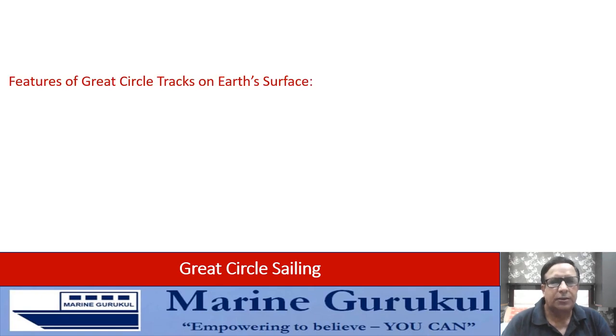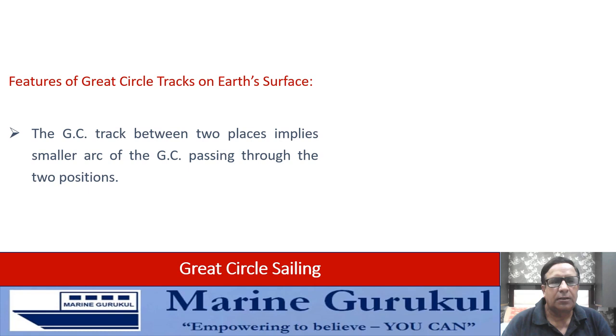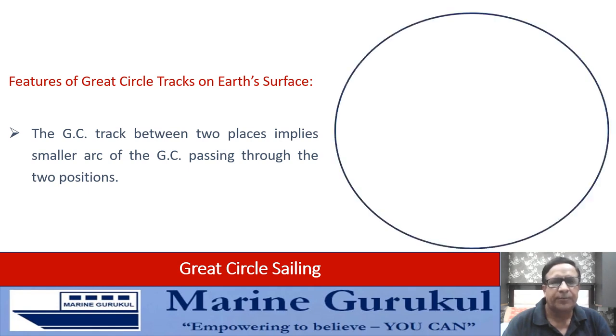Now let us take this great circle concept that we have learned onto the surface of the earth, and let us review or discuss the features of great circle tracks on the surface of the earth. The great circle track between 2 places means, if we have 2 places on the surface of the earth and we are talking of the GC track between them, we are talking of the smaller arc of the great circle passing through the 2 positions.